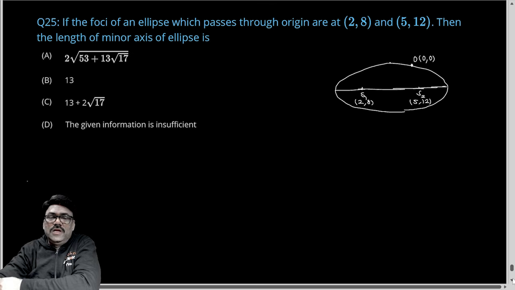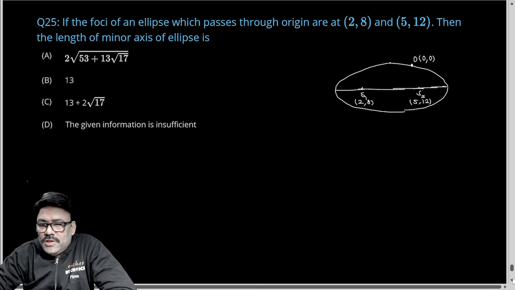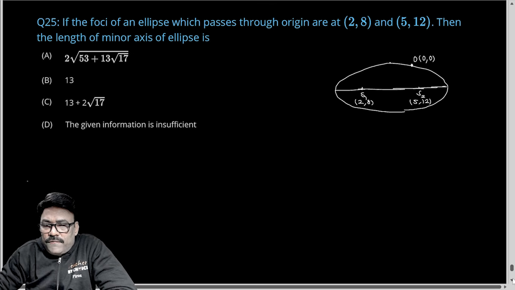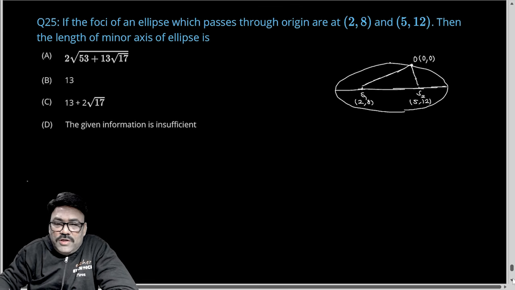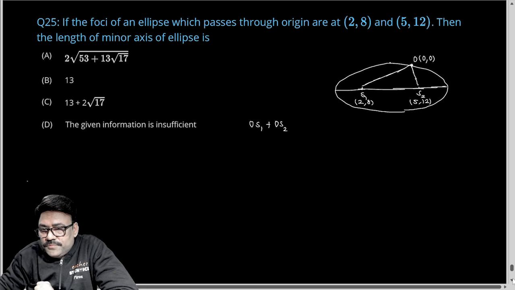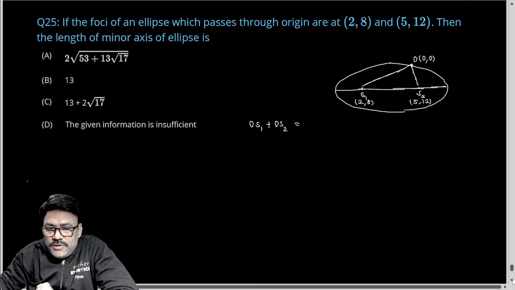So then they are asking the length of minor axis of the ellipse. So you know that if I take the sum of focal distances of any point on an ellipse, the sum of focal distance is always equal to 2a, length of major axis. So if I find OS1 plus OS2, the sum of focal distances of origin from the two foci, this will be 2a.